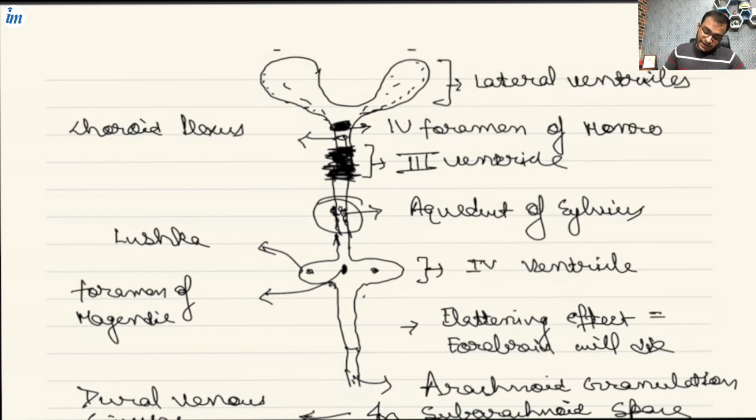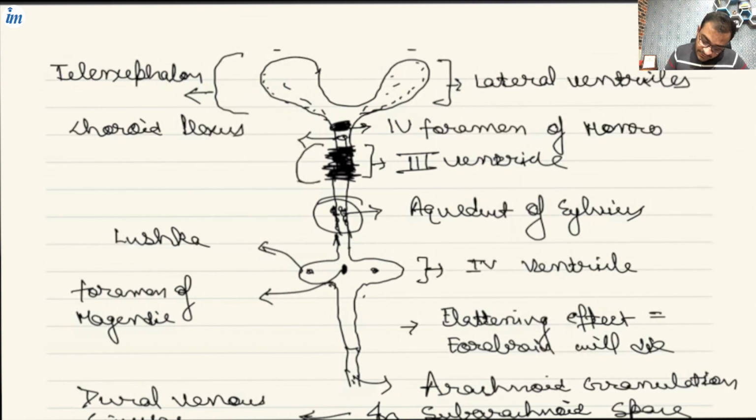One more thing, I told you about the classification of the brain. This part of the lateral ventricle is telencephalon. Where the third ventricle is located, this part is diencephalon. Where the aqueduct of Sylvius is located, it is midbrain or mesencephalon.